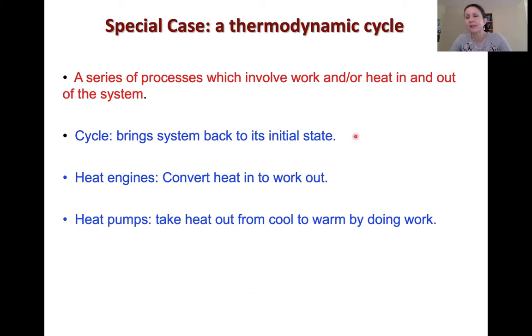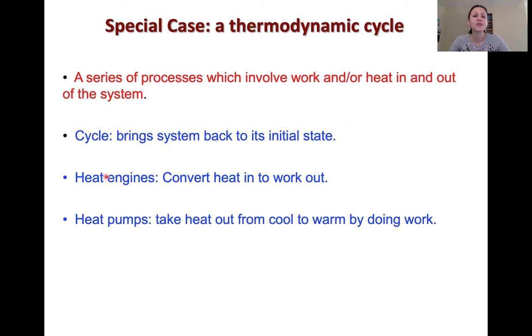The word cycle means it goes in a circle, and it doesn't have to be a perfect circle, but the meaning of a cycle is that it's a bunch of processes that involve both heat and work, where you start at some initial state, stuff happens, but then you return back to that initial state. So a cycle brings the system back to its initial state.